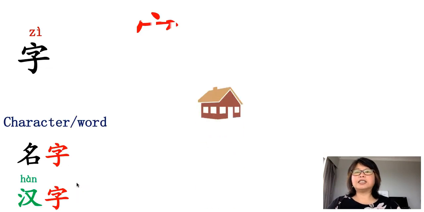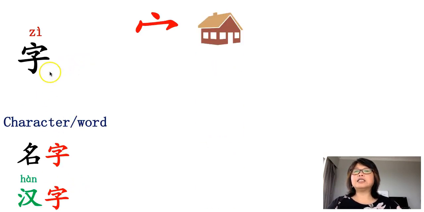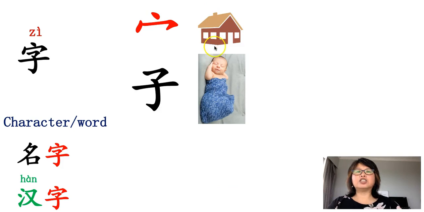So 名字 in Chinese just means name nowadays. Now let's look at 字. The character 字 has two parts as well. The top part is like a roof with a chimney. Underneath is a child, it looks like a child wrapped by a blanket. So we take the bottom bit as the pronunciation, so we call this character 字.